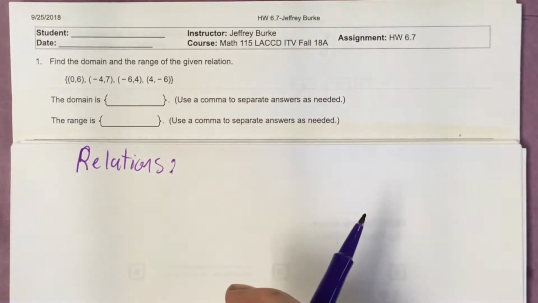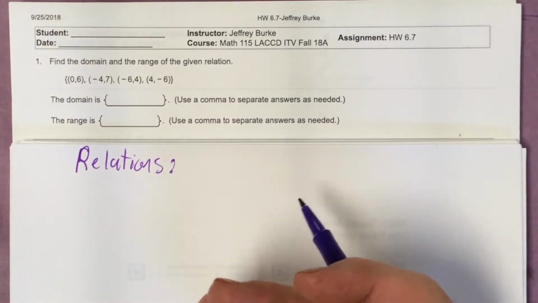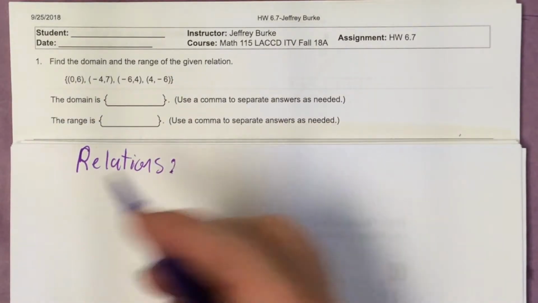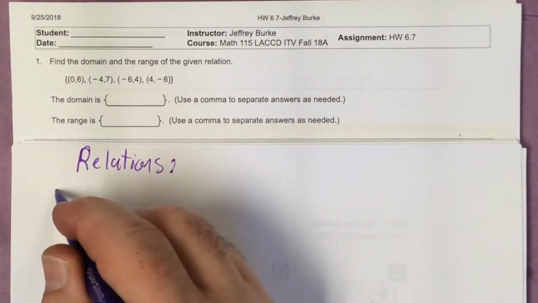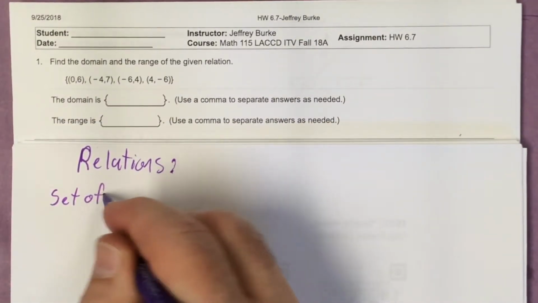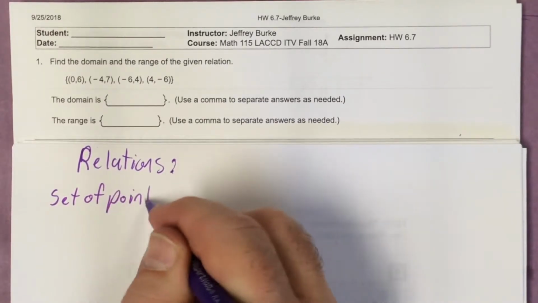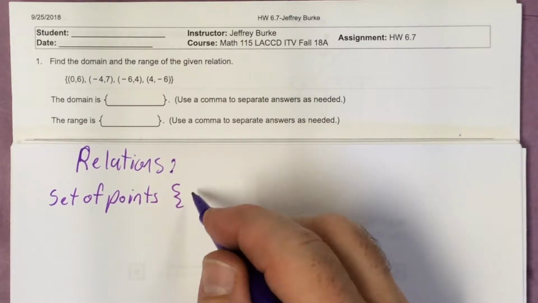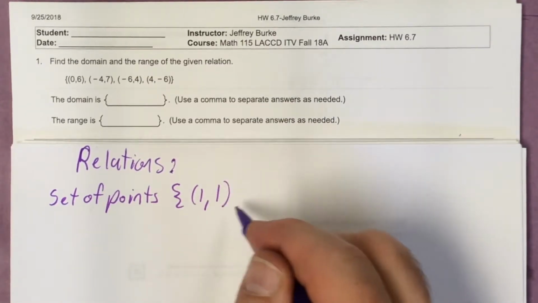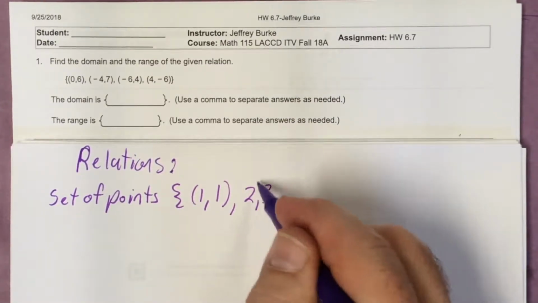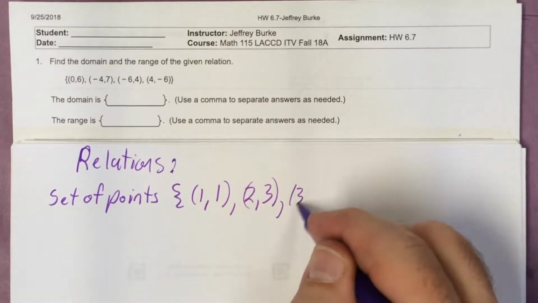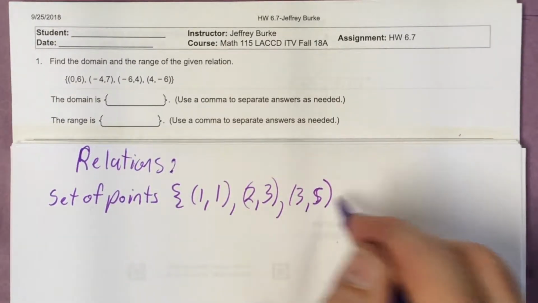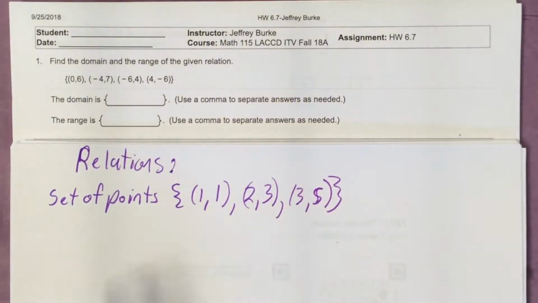We're talking about a few different ways that we can express relations. We can express relations as a set of points. It'll look something like this. And there will be a set, and there are my points inside.